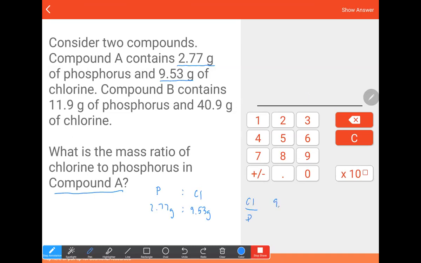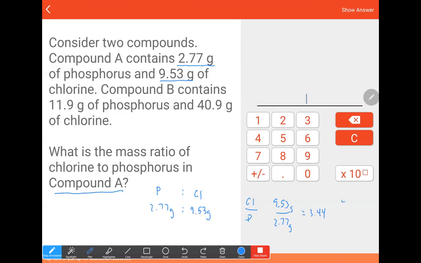So 9.53 divided by 2.77, and I get 3.44 is my ratio. So now let's look at our next one, which would be part two.